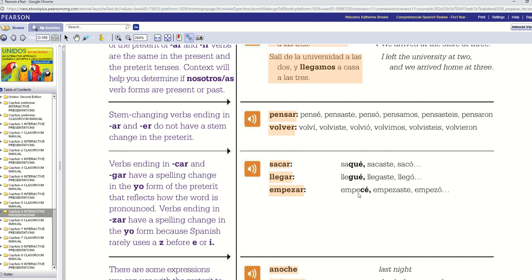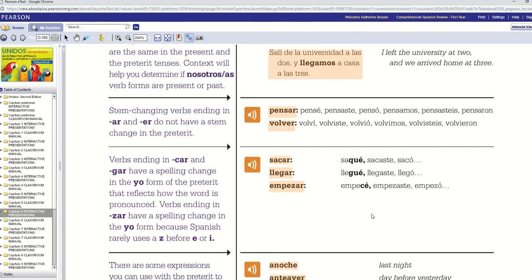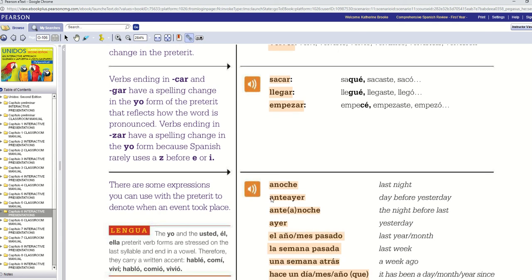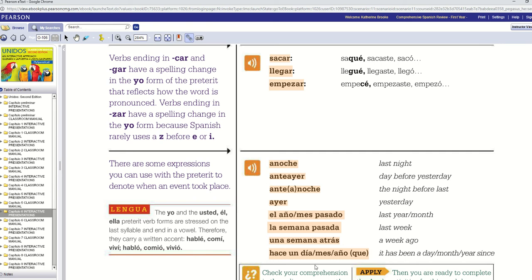And then here, empecé is C-E instead of Z-E because Z doesn't go before E in Spanish. There's another reason that has to deal with the pronunciation of the letter Z, but if you can just remember to put C before E instead of Z, you'll be in good shape. Please go ahead and learn these context words to help you realize that you're communicating something in the past tense.